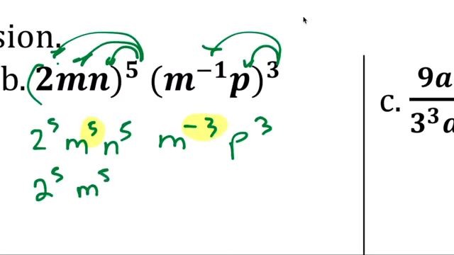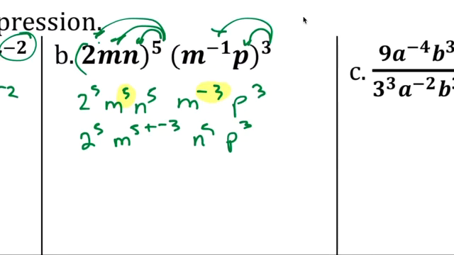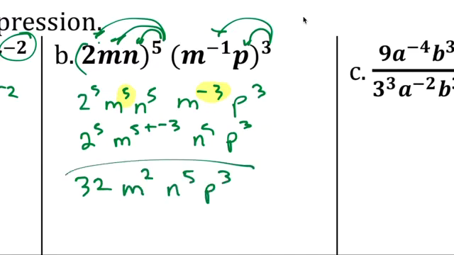M to the 5th plus -3. N is there, p, there's nothing to add to. So your answer, 2 to the 5th is 2 times 2 is 4, that's 16 times 2 is 32 over. All of them are positive. M to the 2nd, N to the 5th, and P to the 3rd.